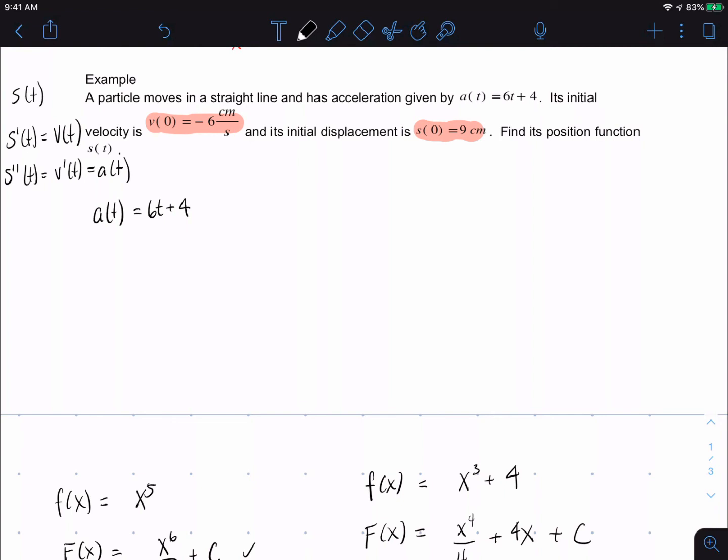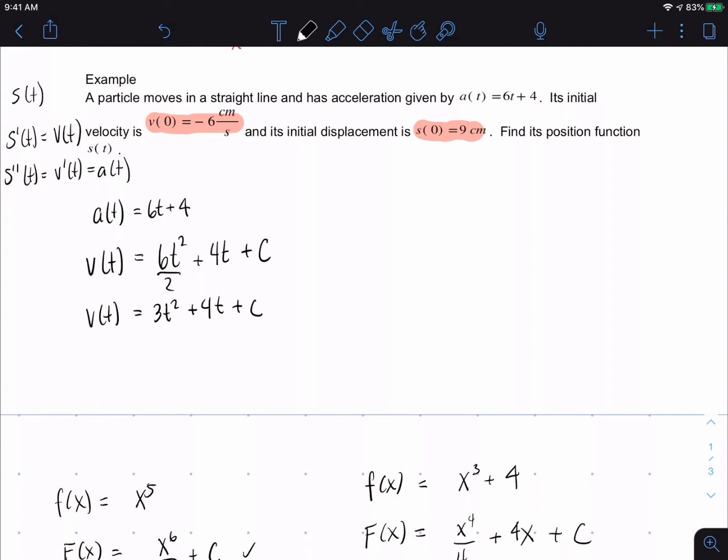Yes. So my v of t is going to be 6t squared over 2 plus 4t plus some constant c. Does that make sense? So then my v of t is going to be 3t squared plus 4t plus c.